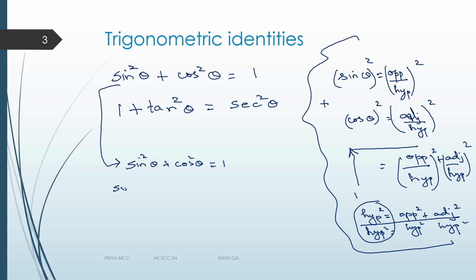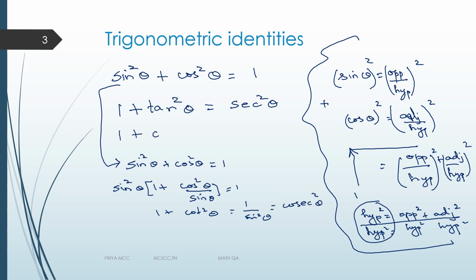If you take the sin square theta outside, you are left with 1 plus cos square theta by sin square theta is equal to 1 by sin square theta, or 1 plus cot square, which is cosecant square. Okay, which will be this identity, 1 plus cot square theta equal to cosecant square theta.